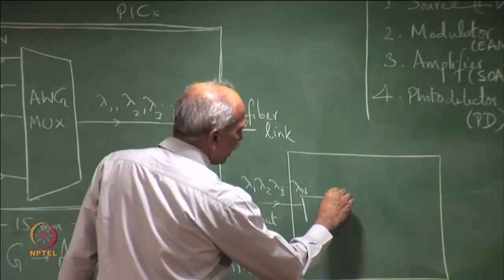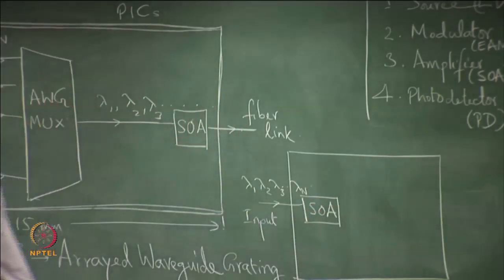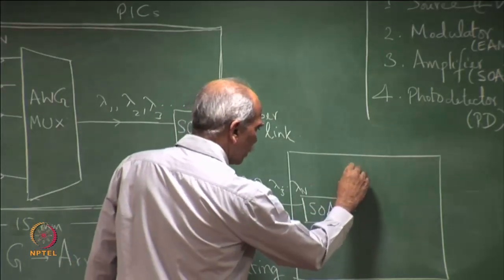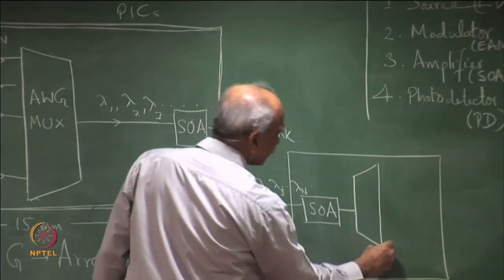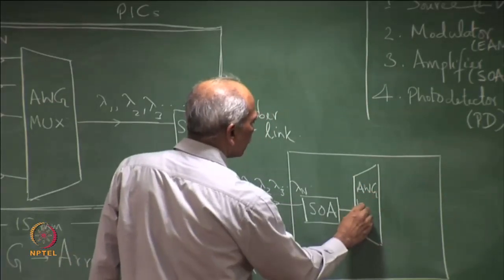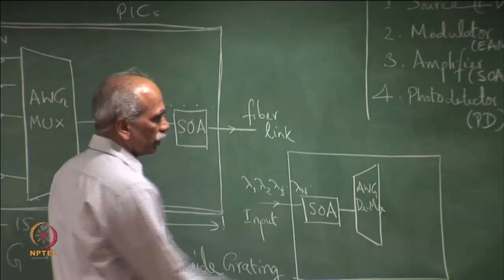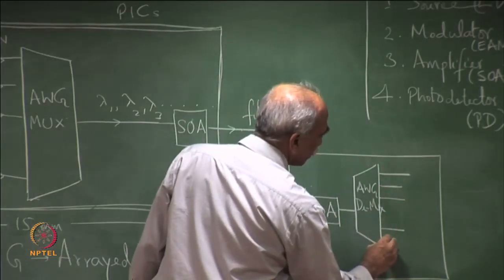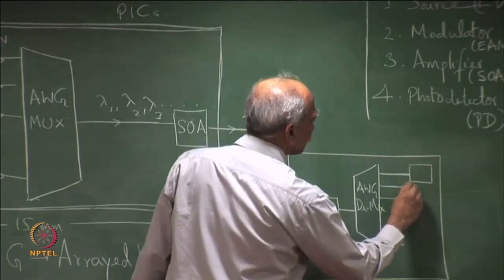First, there is usually a pre-amplifier SOA, an SOA pre-amplifier, and then followed by the demux. So, demux, AWG demux, there could be more components, AWG demux, and then it goes to the different channels, different wavelengths going to different photodetectors.